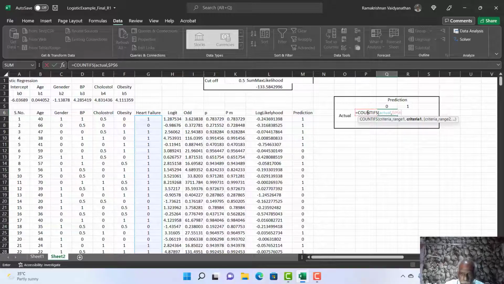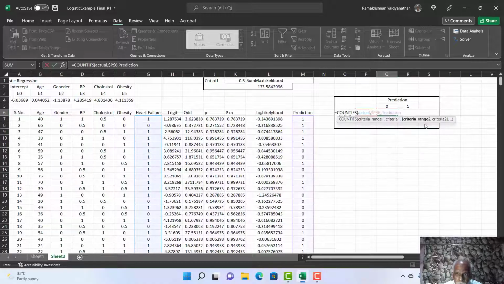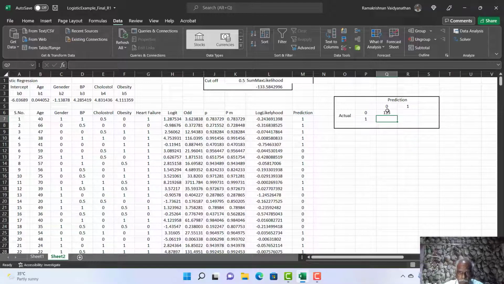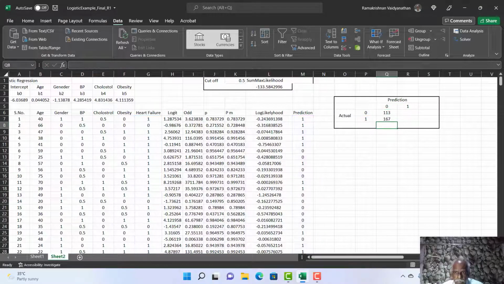Comma, prediction range, comma, that should be equal to this F4. Close it, and you will get this value, 113. Now I will copy this here and make it P7, because that should be 1, right?